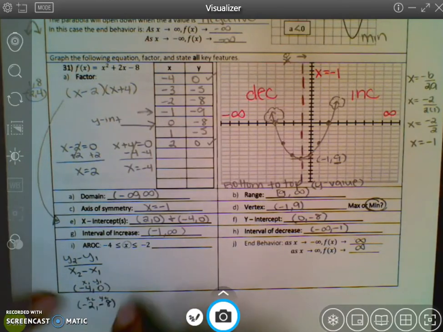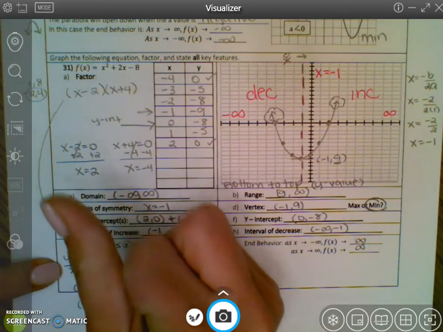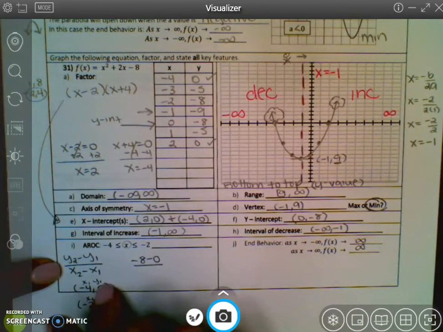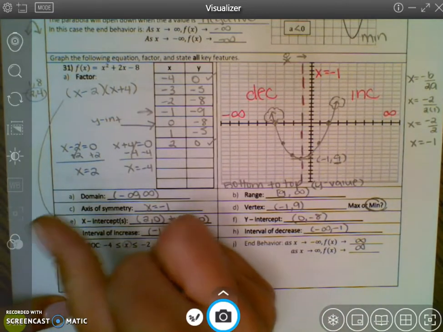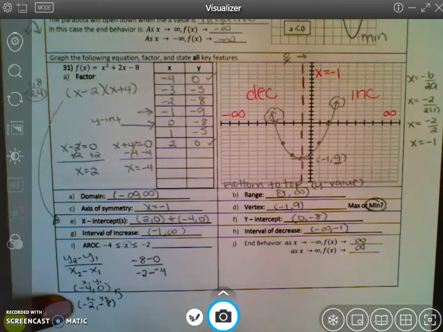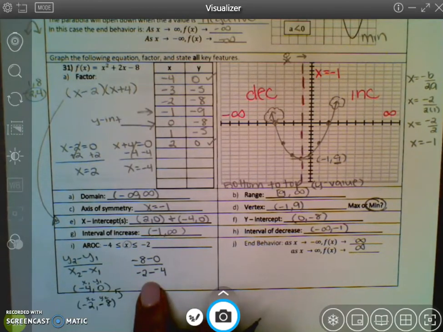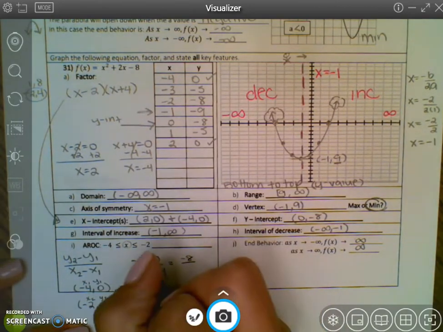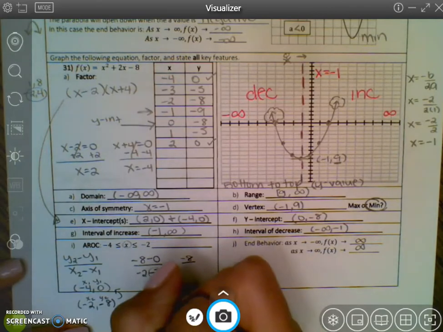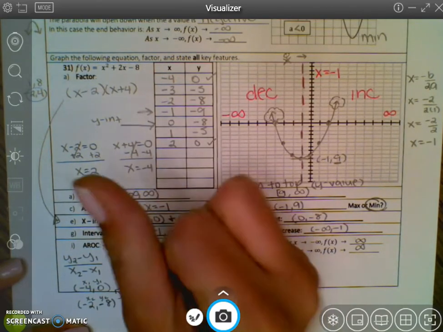So when I plug this in, -8 minus 0 over -2 minus a -4. Remember, the equation always has a negative in it, so it's minus and then your -4. So this is going to be -8 over, that adds 4 plus -2 is a 2, so -4.